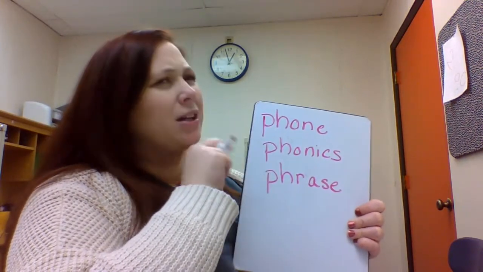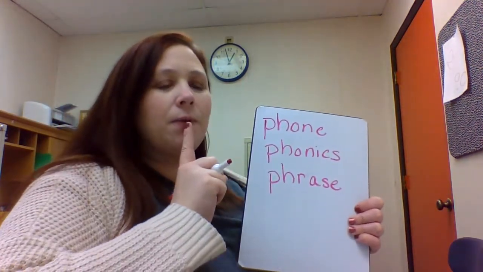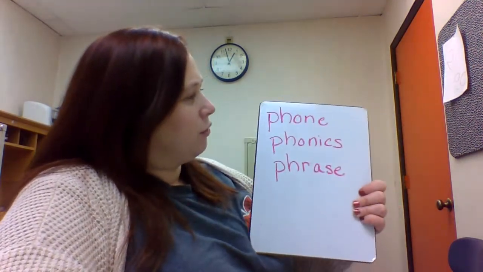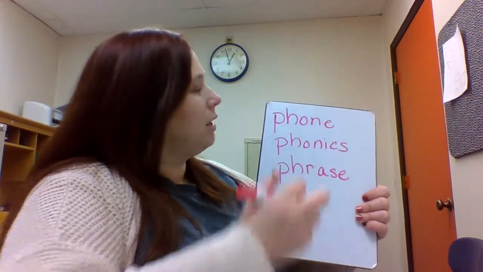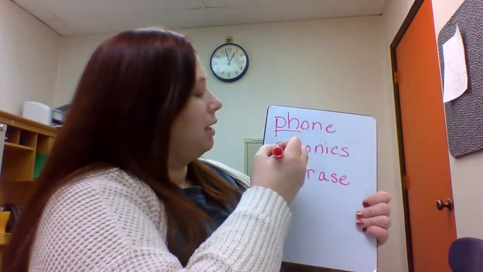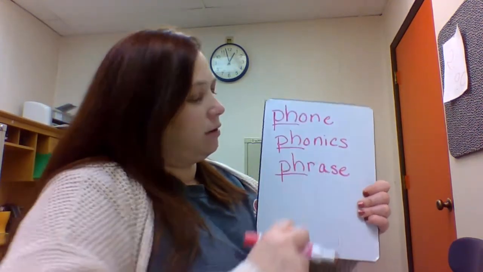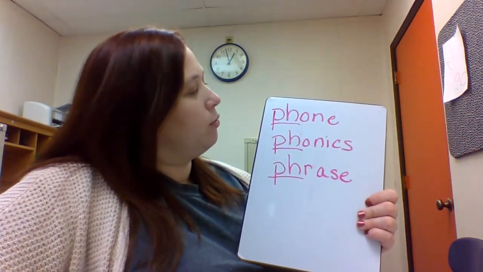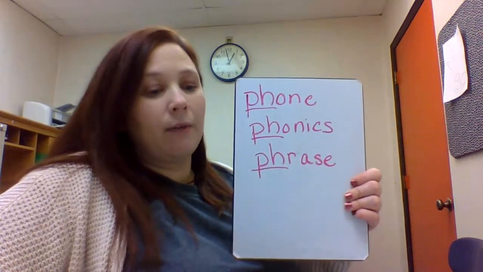What do you notice about the beginning sound in there? It's that f sound, right? But do you know what letters are making that f sound in the beginning? It's this PH digraph. All right. So when we code it, we're going to underline the PH digraph like that.